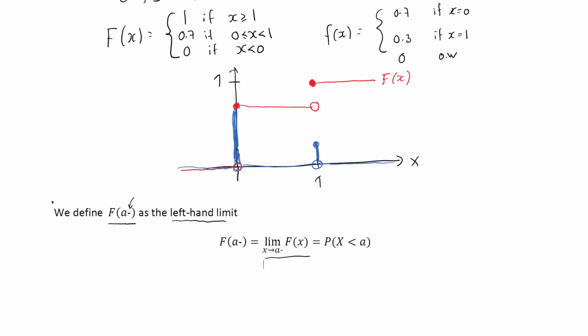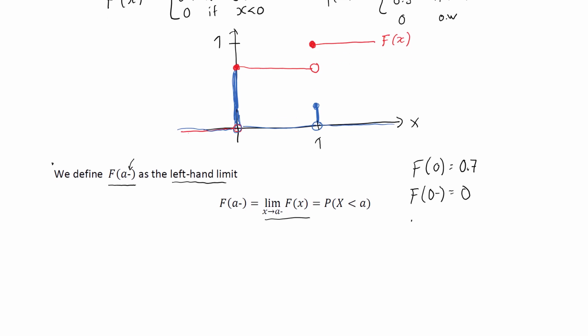In our example above, we had, for example, F of 0 was equal to 0.7. But for a value slightly less than 0, which we denote by 0 minus, if we're slightly to the left of 0, then the capital F function is equal to 0.